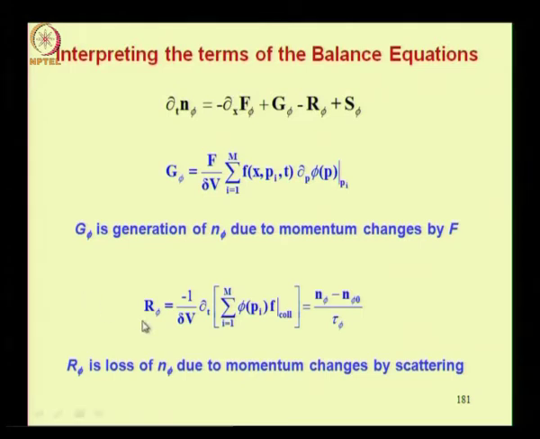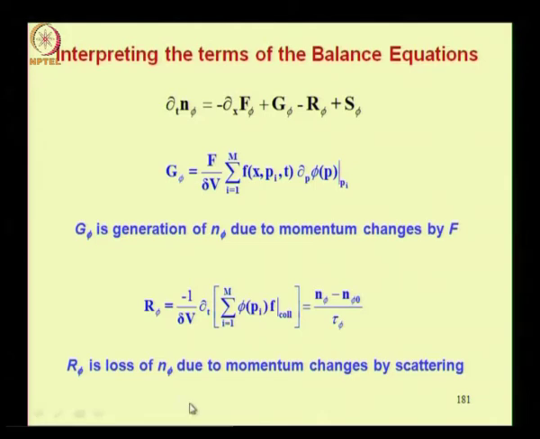R phi, which is expressed here, I did not write this on the board because we said we will work with its simpler and more physical form, n phi minus n phi 0 by tau phi. So R phi is loss of n phi due to momentum changes by scattering. So the scattering processes normally result in loss of momentum.